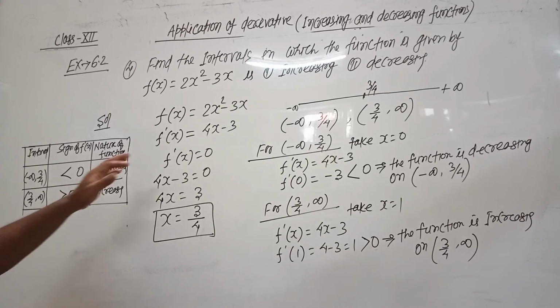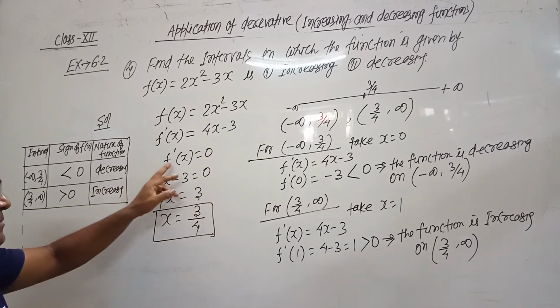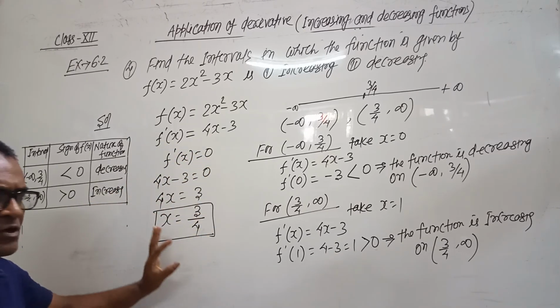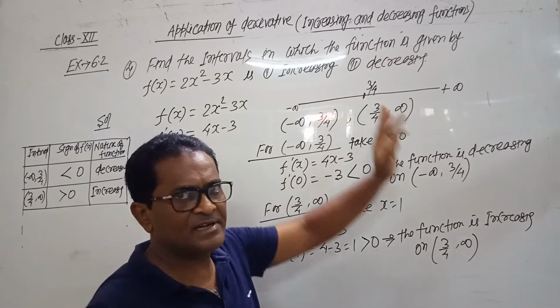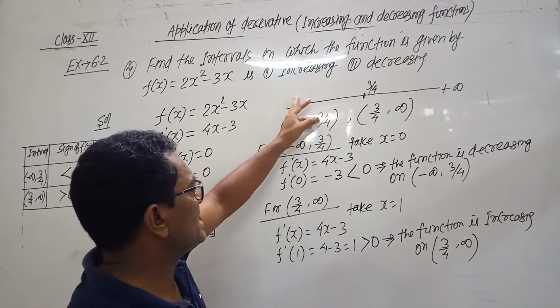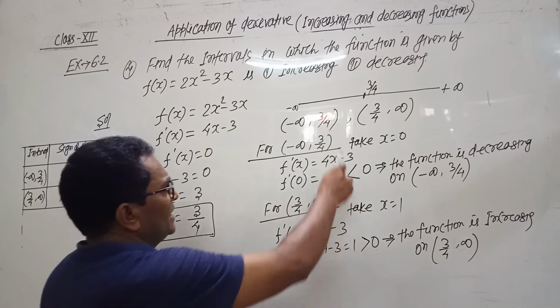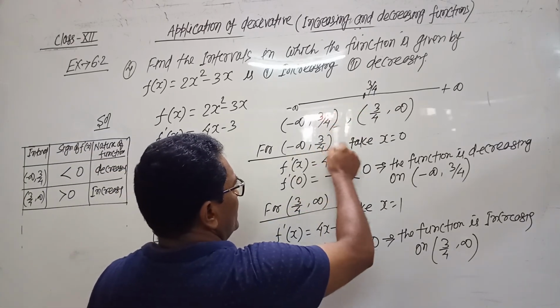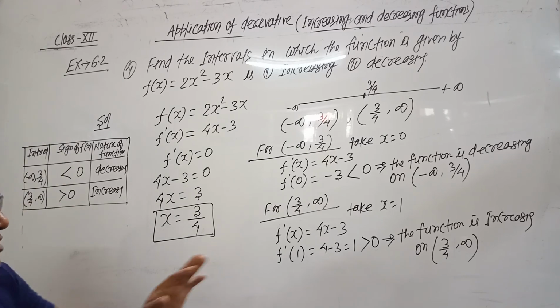So in finding the intervals, the function is given. You will find f dash x, make f dash x equal to 0, find the value x equals 3/4, and represent 3/4 on a number line. The number line for real numbers lies from minus infinity to plus infinity, and this is 3/4. So 2 intervals came, minus infinity to 3/4 and 3/4 to infinity.